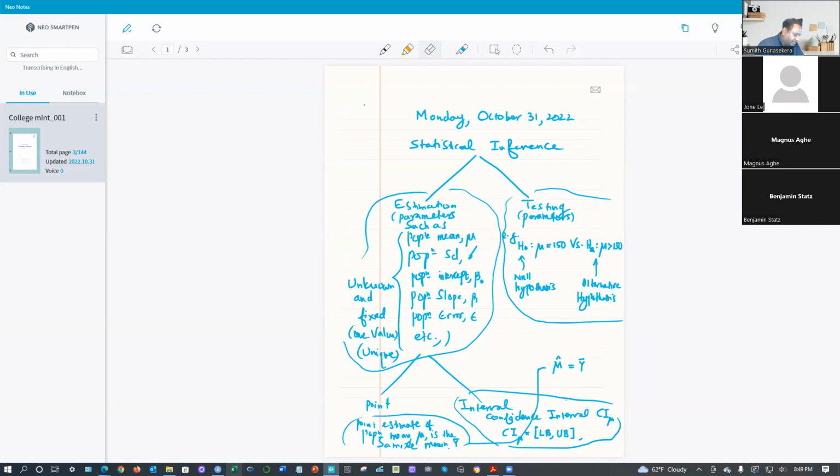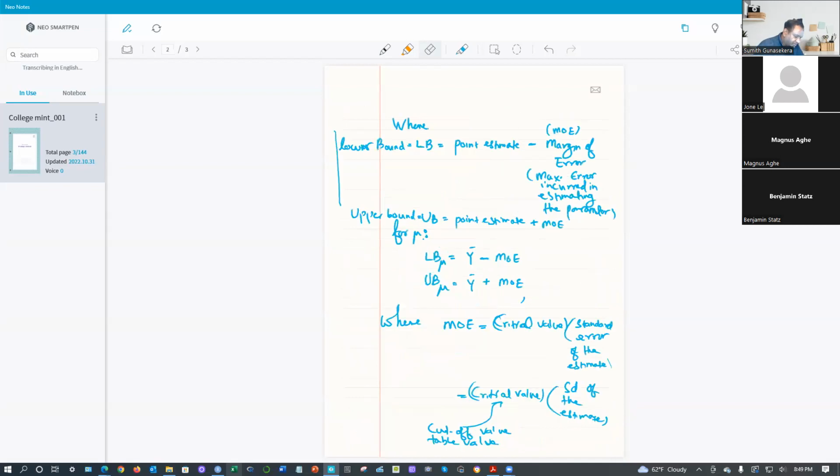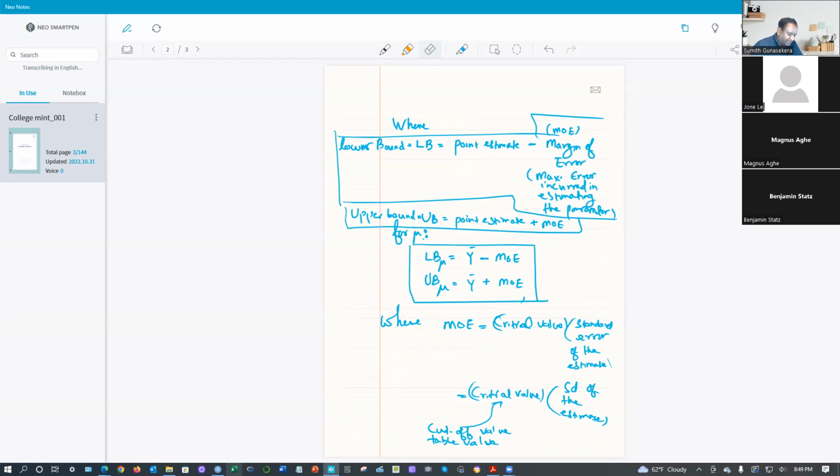In the upper bound you can write it this way, then they can be written this way. And the margin of error, this one is the same as this one.